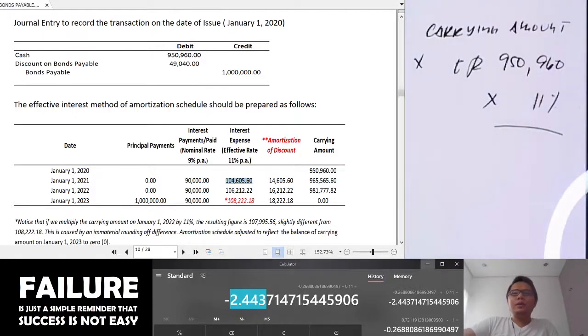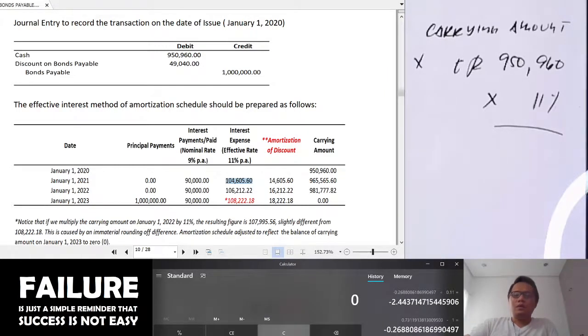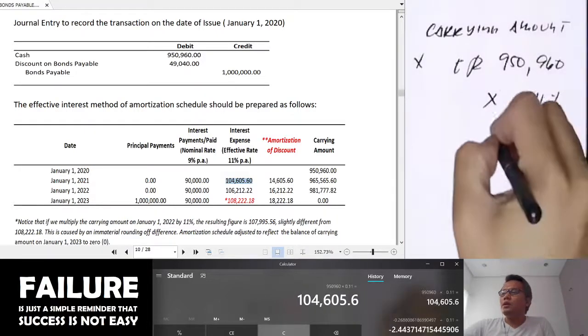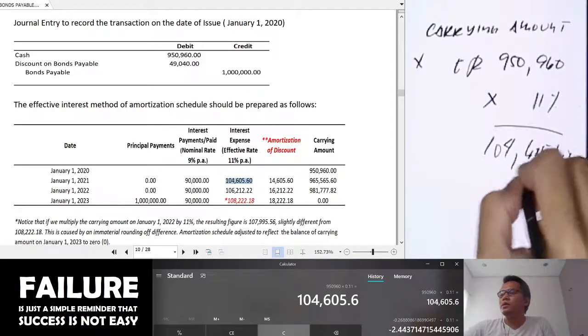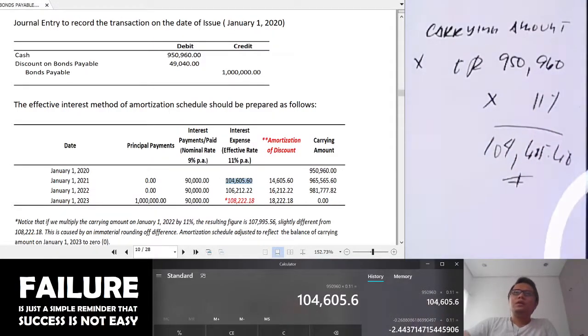So that would be 950,960 times 11% effective rate, that is 104,605.60. So that is your interest expense. So nakuha niyo yun? Carrying amount multiplied by your effective rate.